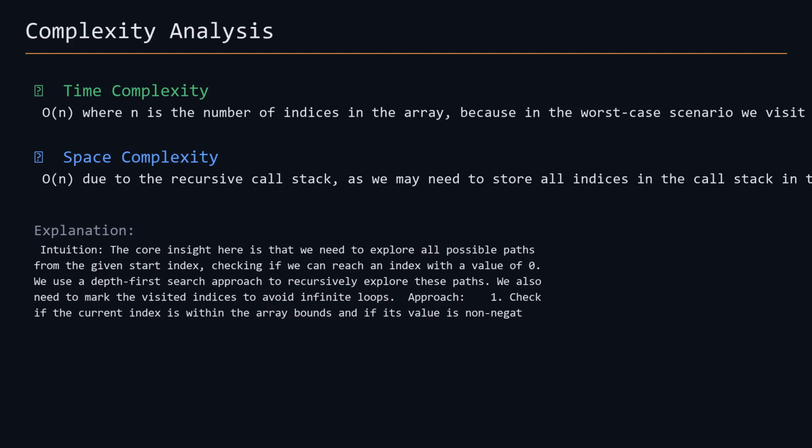The line arr[start] = -1, marks the current index as visited by setting its value to -1. The line return canReach(arr, start + temp) || canReach(arr, start - temp), recursively explores the paths by jumping to the index plus the value at the start index, or the index minus the value at the start index.